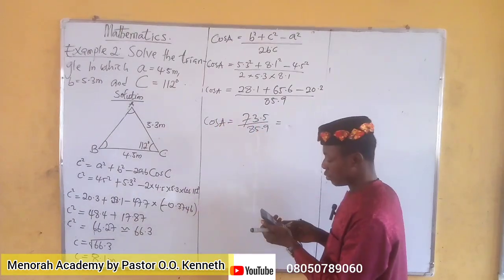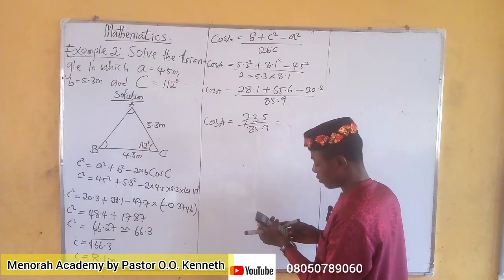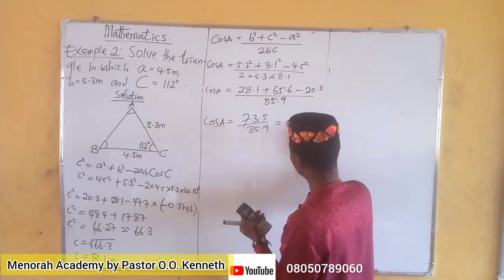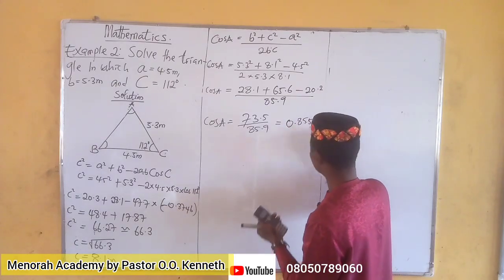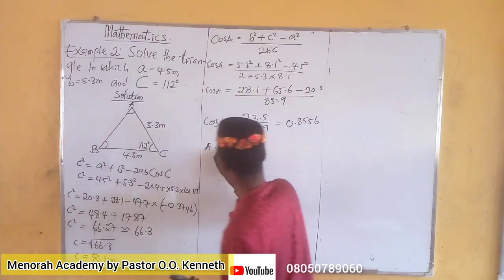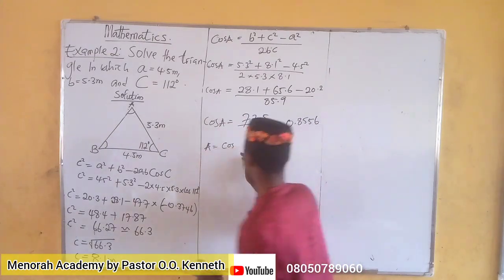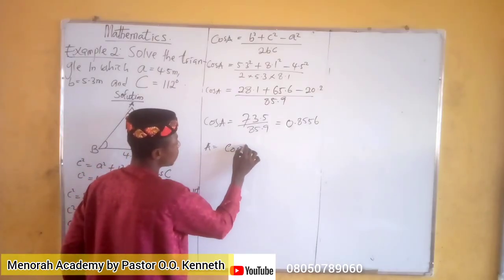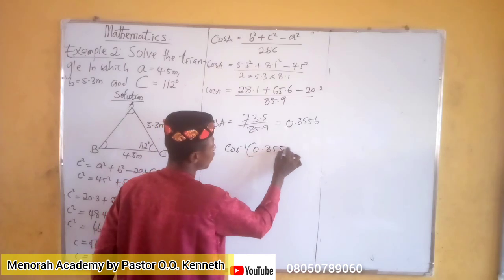When we divide it, we are going to have 0.8556. So our A now will be equal to cos inverse of this value, 0.8556.